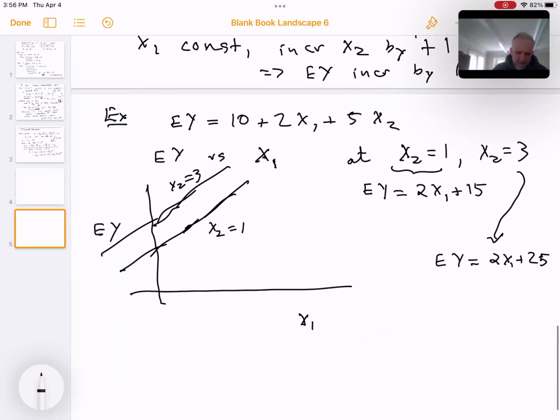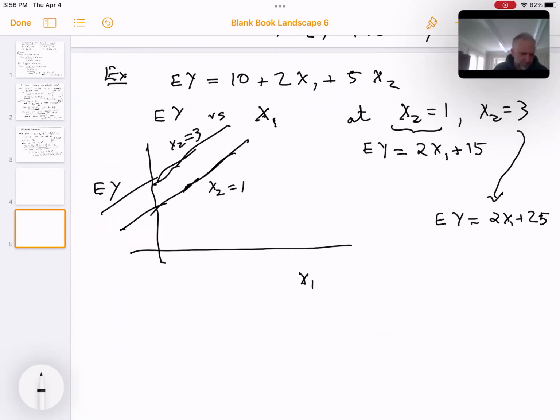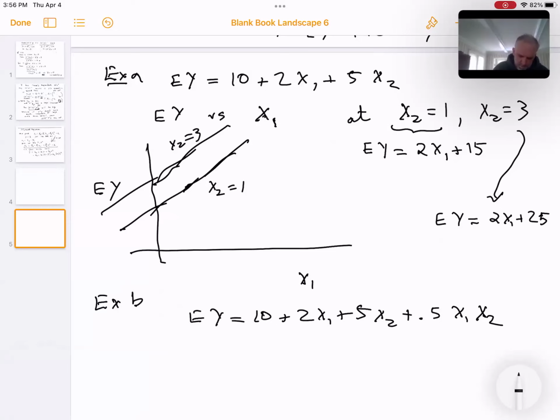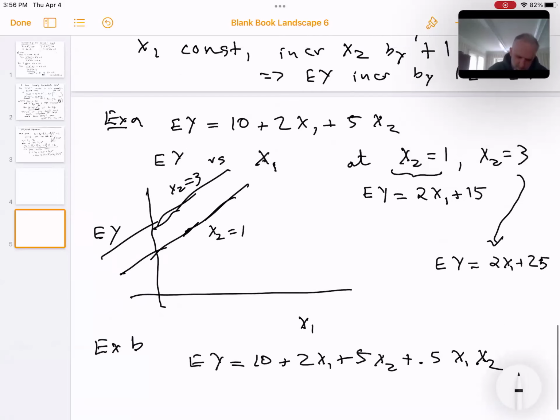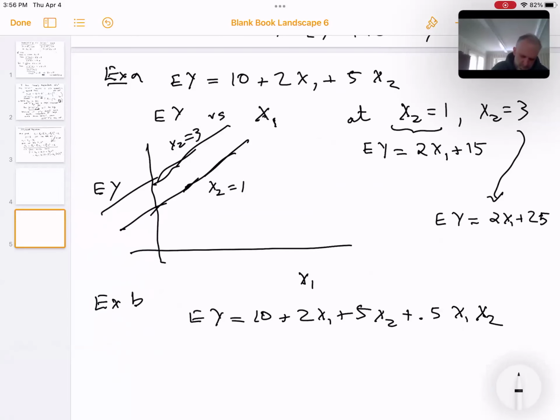Now let's do one with an interaction term. So example B. We could say E(Y) equals 10 plus 2x1 plus... Okay, I can't figure out how to add a page in. It's okay.